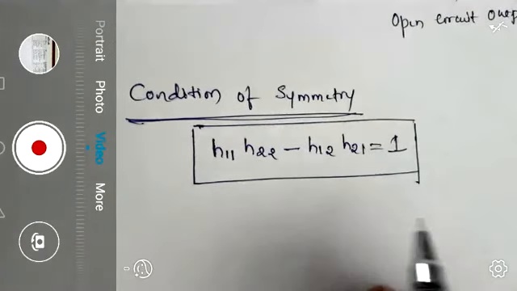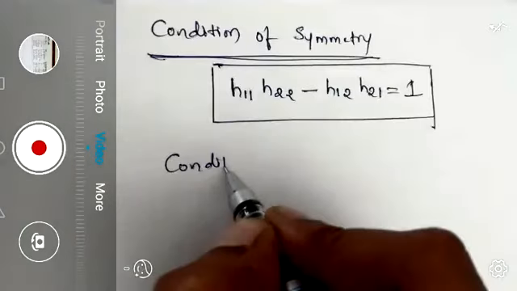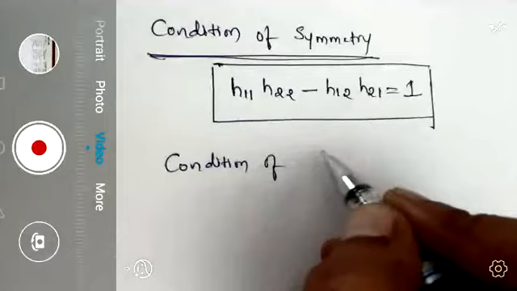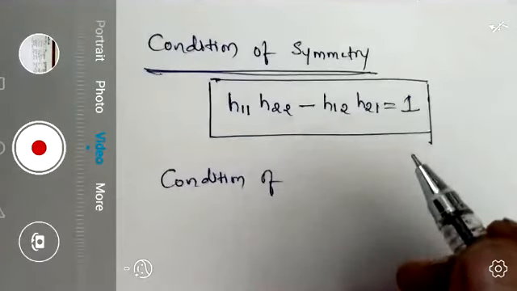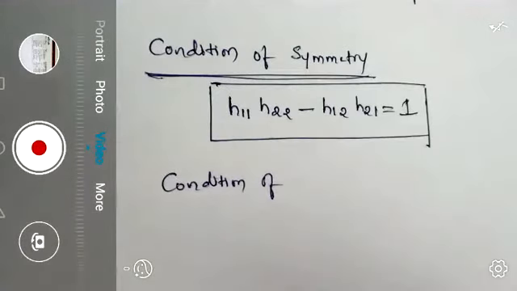Next, condition of what is next case? Reciprocity.